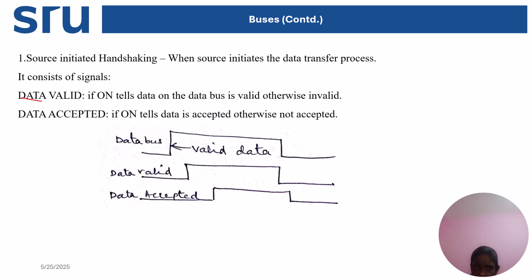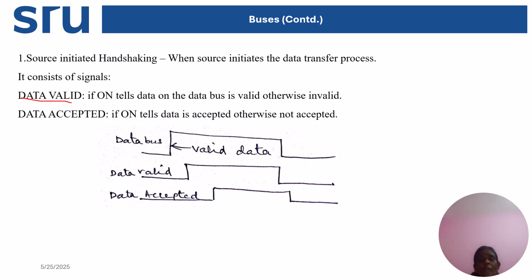Once it is on, the available data is valid. The data accepted signal, if it is on, tells that data is accepted. If it is not on, it is not sure that the data is accepted by the destination. Once it is on, it makes sure that the destination accepted all the data.